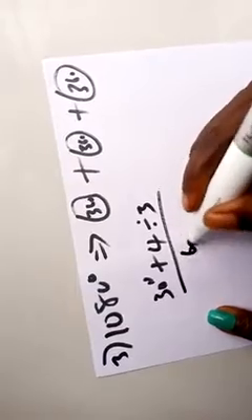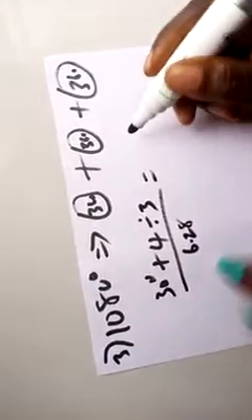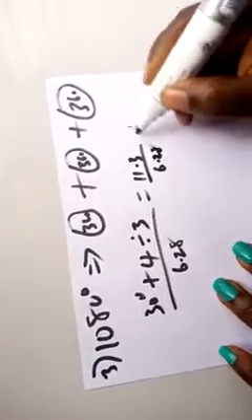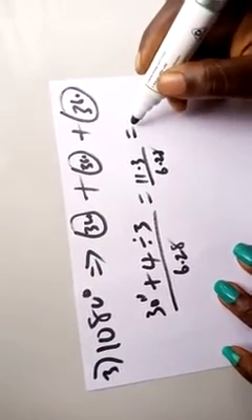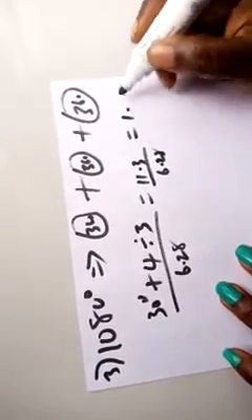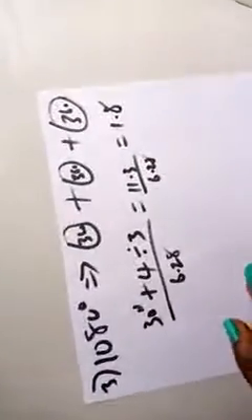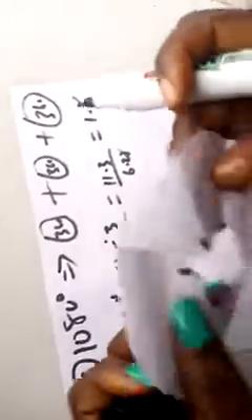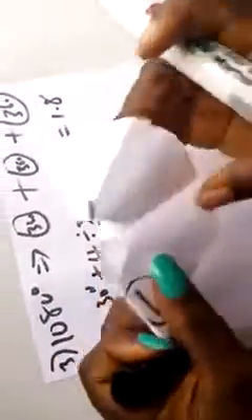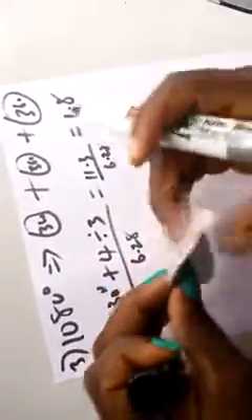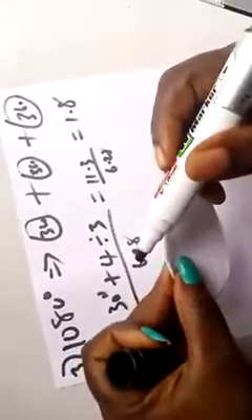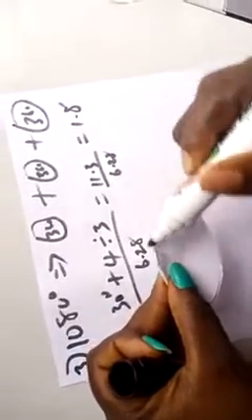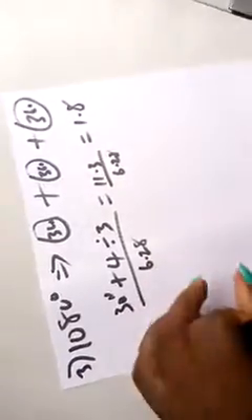Everything divided by 6.28. When you divide it, you are going to have 1.8. What that means is that once you fold your peplum this way, you are going to measure 1.8 to get this waist line here.